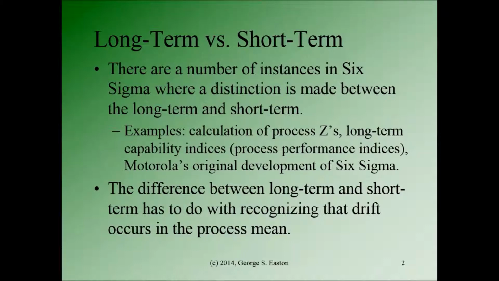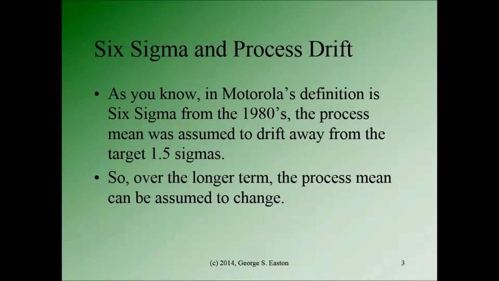Motorola's original development of the idea of Six Sigma. So the difference between long-term and short-term really has to do with whether or not you recognize that process means tend to drift over time. As you know, this idea that process means drift was key in Motorola's original definition of Six Sigma in the 1980s.